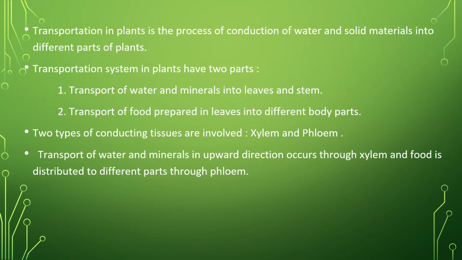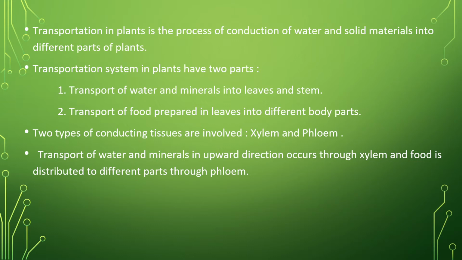Transportation is the process of conduction of water and solid material. Solid material means it may be minerals, it may be food particles, into the different parts of the plant.